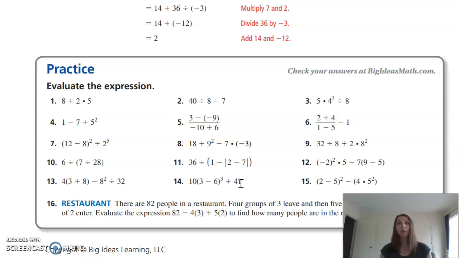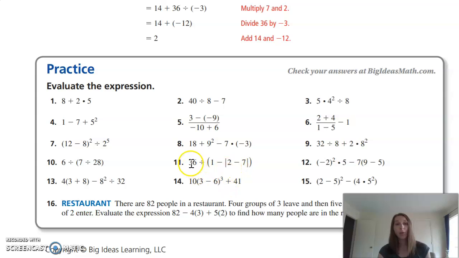But when something comes outside of the absolute value, it is the value of it. It is not a negative number, it is always a positive number. So the absolute value of negative 5 is 5. Okay? So that leaves us with 1 minus 5. 1 minus 5 is negative 4.